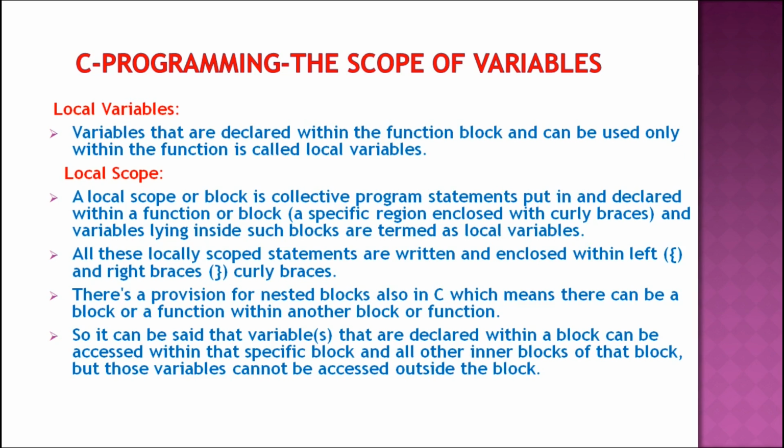A specific region enclosed with curly brackets, and variables lying inside such a block are termed local variables. These local scoped statements are written and enclosed within the left and right curly braces.